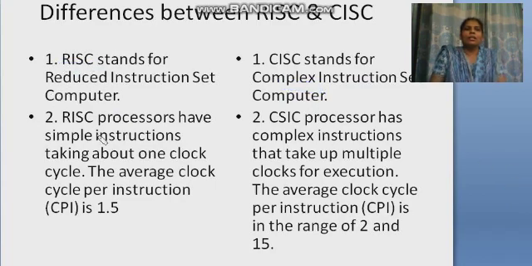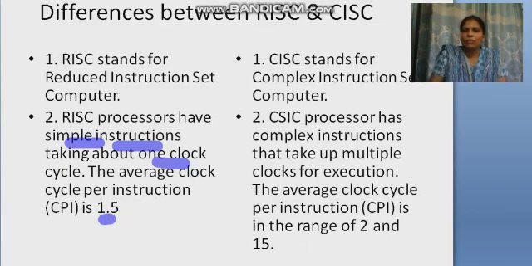Since RISC has a reduced instruction set, it has simple instructions, and since these instructions are simple, they need very few clock cycles for execution. After analysis the figure is 1.5 CPI. CPI stands for clock cycles per instruction, for the execution of a single instruction.